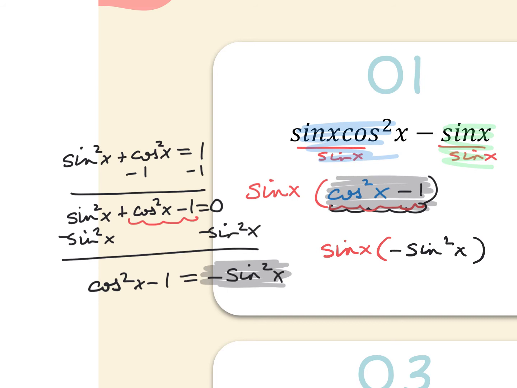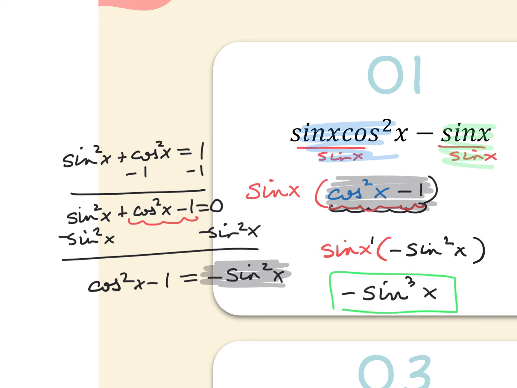So sine x times negative sine squared x becomes negative sine cubed x. Remember, when you multiply, you add exponents. So now this has been simplified, and this is your final answer. And again, these are going to take practice. Let's try the next one.